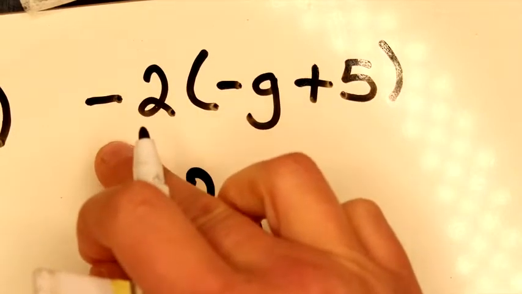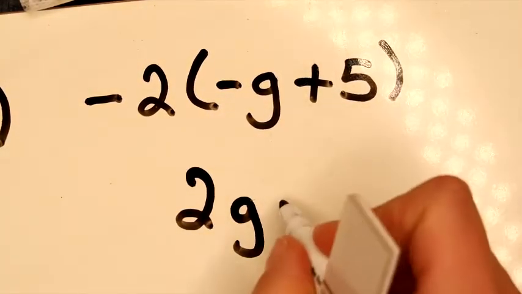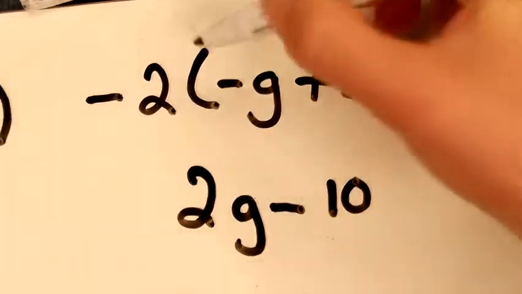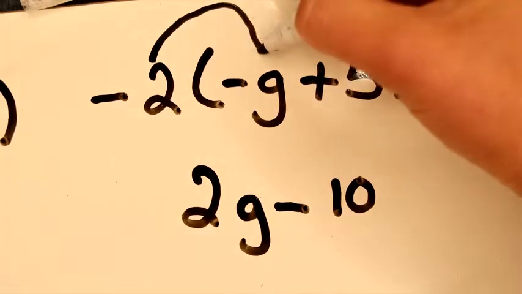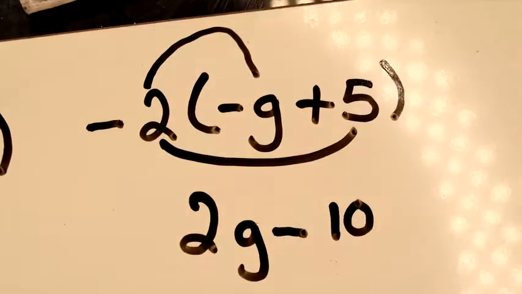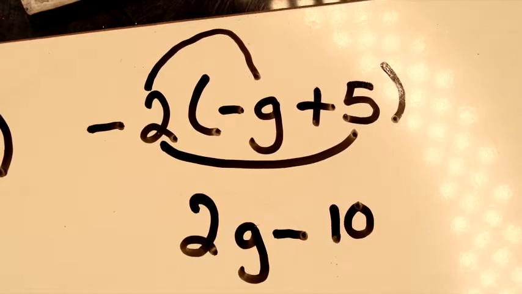Negative 2 times positive 5 is going to give me negative 10. All I did is distribute this negative 2 here, and distribute this negative 2 here. If it helps, use 2 different colors to see how you distribute, but that is our answer for number 2.